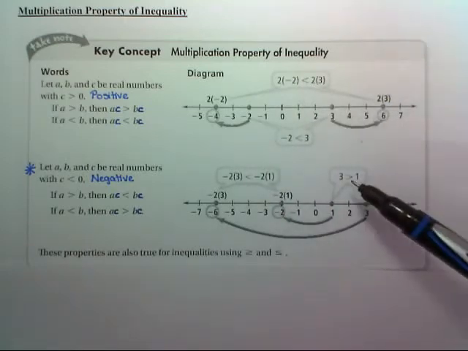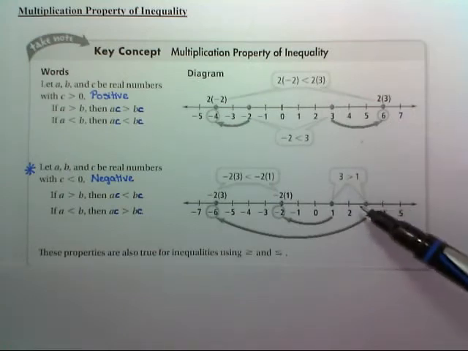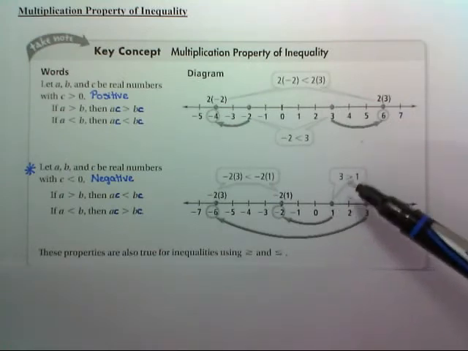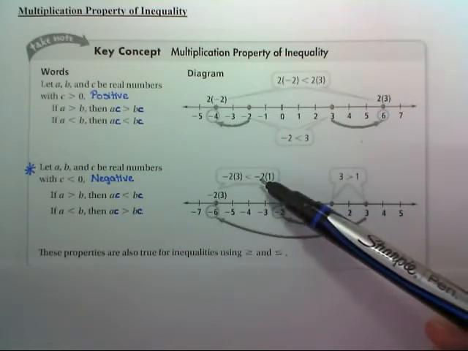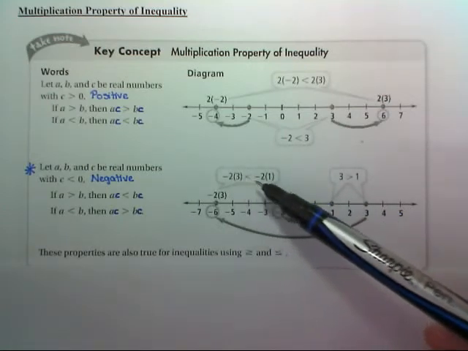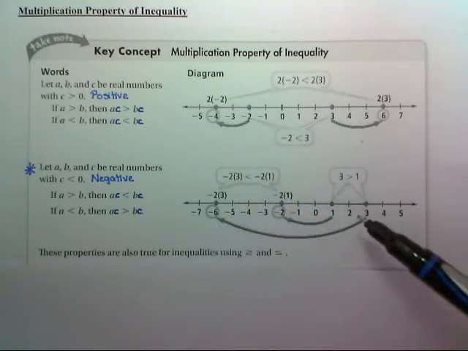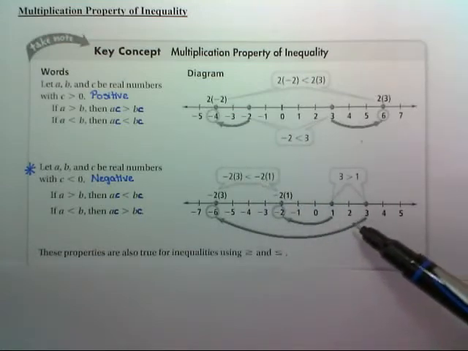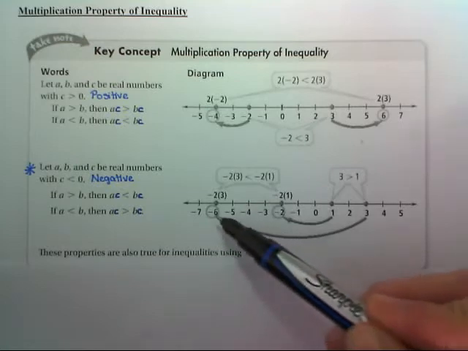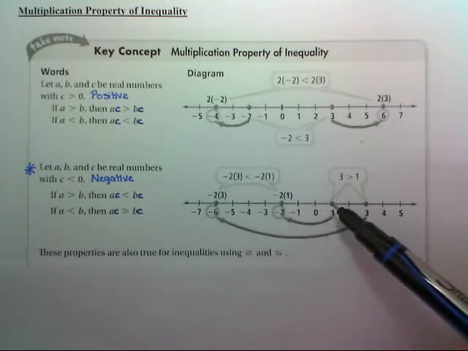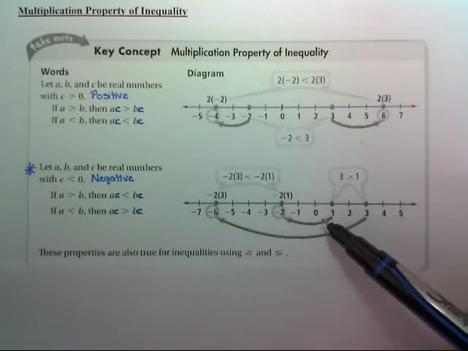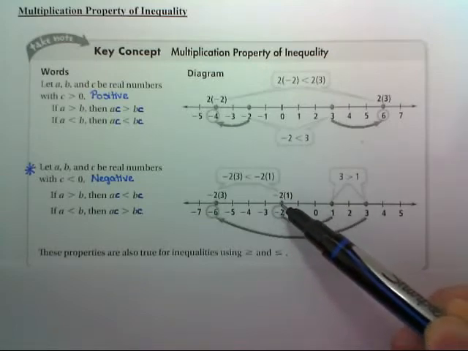Now let's look at this one. We have 3 greater than 1. 3 is greater than 1, which is a true statement. But what we've done to this problem is we've multiplied both sides by a -2. Well, notice what happens. If I take 3 and multiply it by -2, that pushes me all the way back to -6. And if I take 1 and multiply it by -2, that pushes me back to -2.